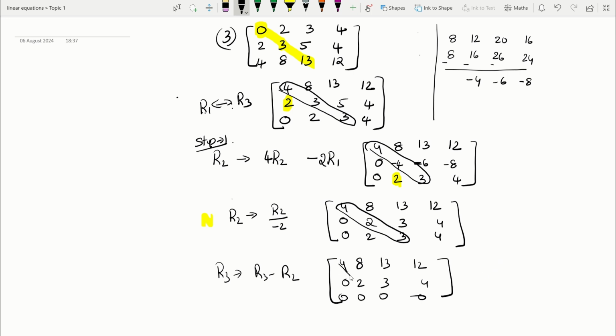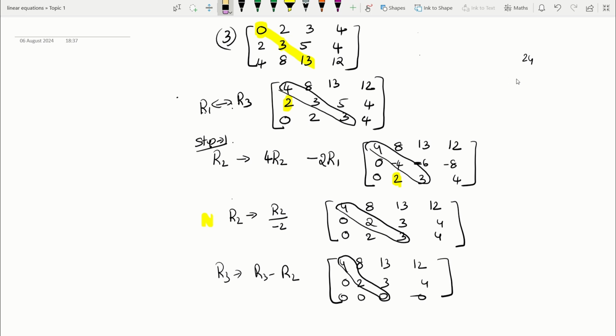This is the diagonal element, and if you see that this element I have to make 0, but luckily R2 and R3 both are identical, so you can make R3 implies R3 minus R2. Always you prefer 0 rows in the down. Then 4, 8, 13, 12. 0 2 3 4, and this is 0 0 0 0.